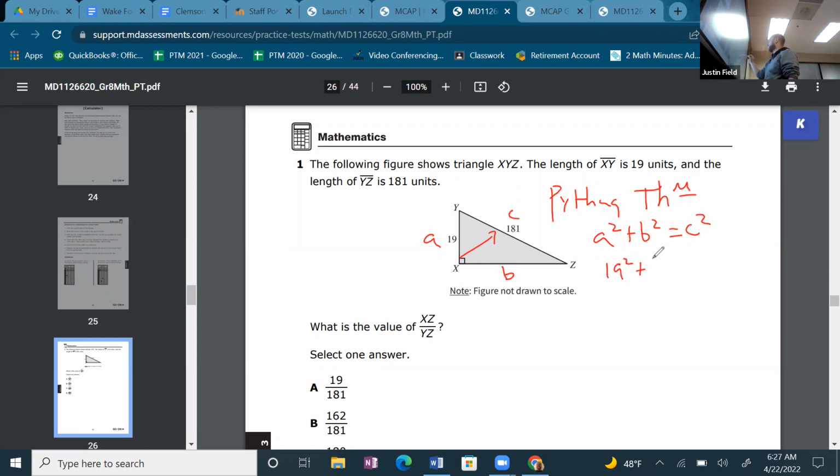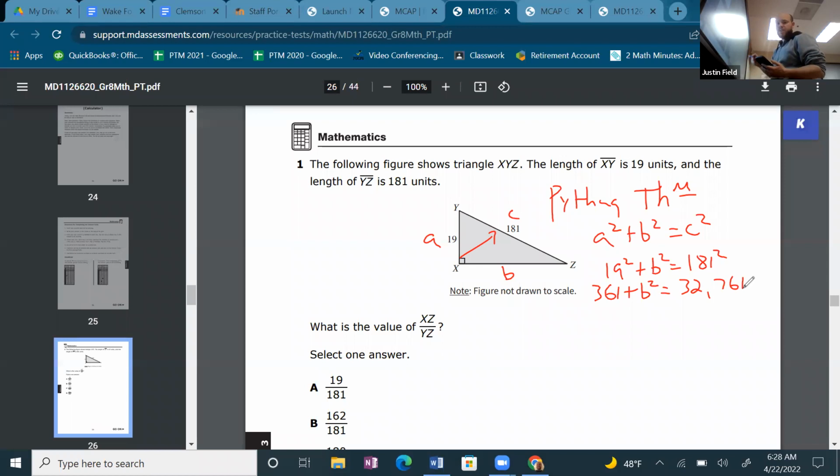And so now I'm going to use the Pythagorean Theorem. So that's 19 squared plus b squared equals 181 squared. Now I'm going to square 19, which is 361. I'm going to square 181, 32,761.